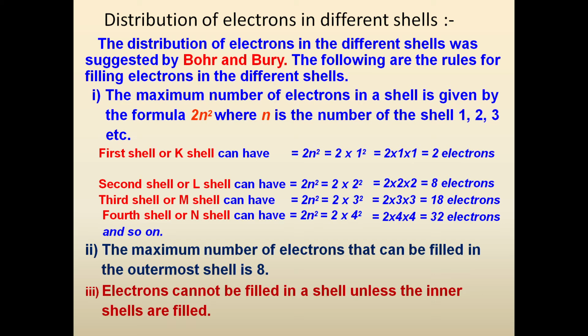Similarly, electrons will enter the fourth shell after entering the third shell completely. It means, first of all, the third shell will accommodate the maximum number of electrons, then the rest of the electrons will go to the fourth shell or the next shell.